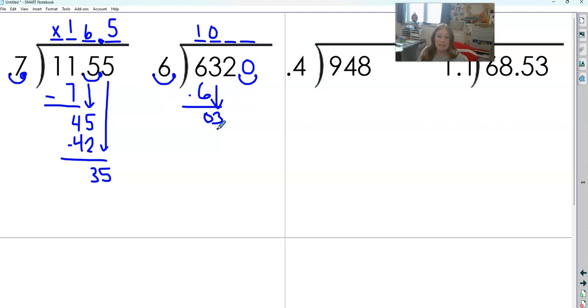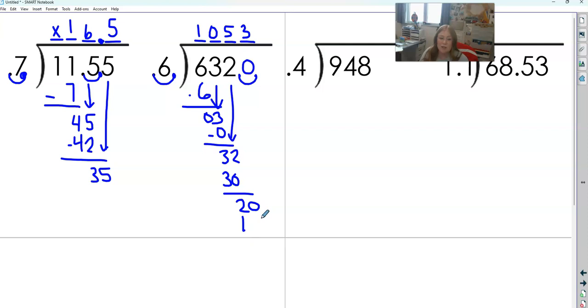0 times 6 is 0. Now I have 3 left over. Now I can bring back the 2. When something goes down, something has to go up. 6 goes into 32 5 times, which is 30. And then 6 goes into 20, 6, 12, 18.